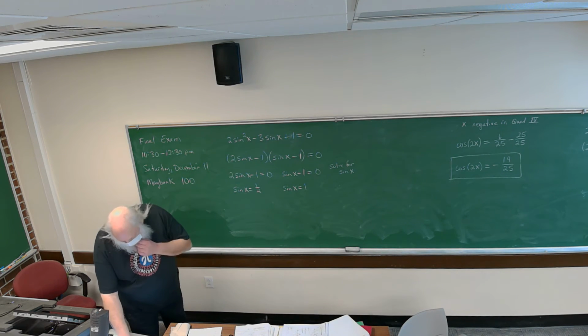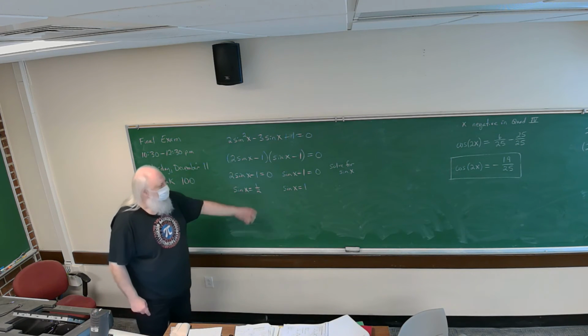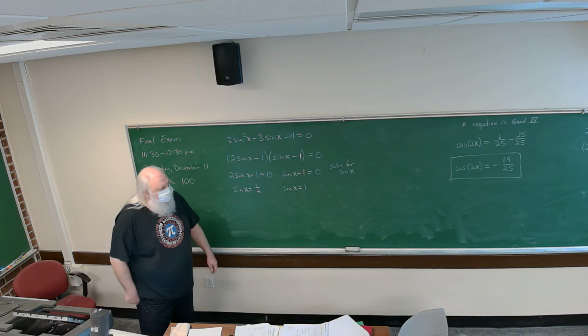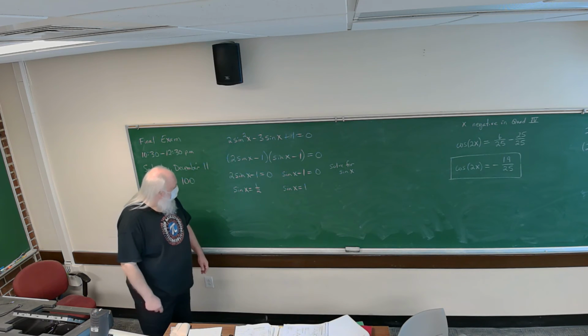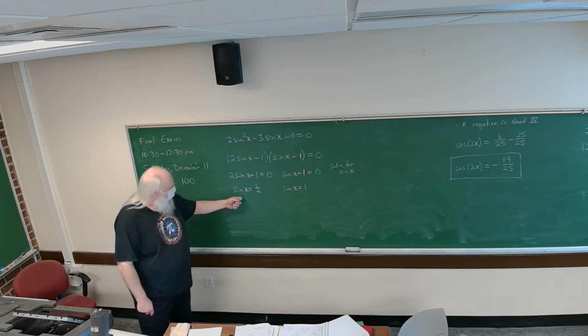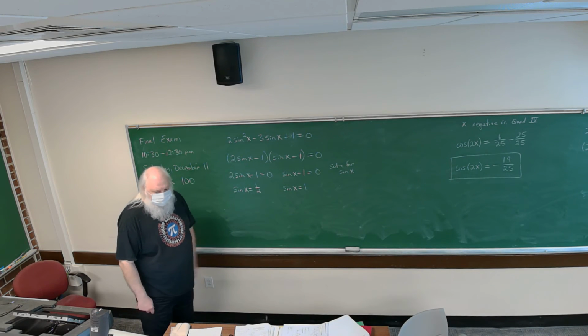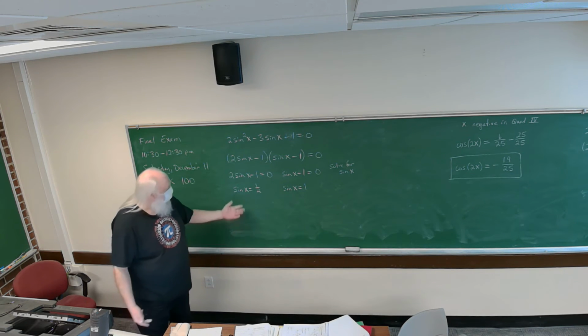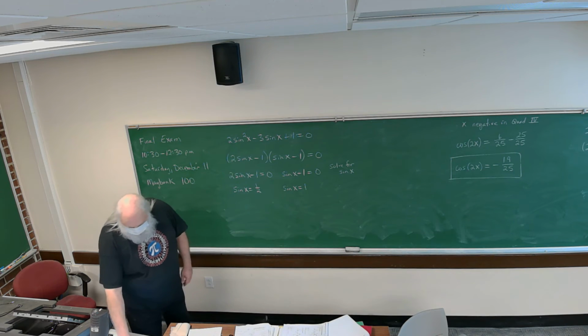Back in section 4.2, the number on the right-hand side was square root of 2 over 2 instead of 1/2 or 1, but we found the two angles where the sine of those angles is equal to square root of 2 over 2. Now we're going to find the angles whose sine is equal to 1/2, and any angles whose sine is equal to 1. So we're at the stage where we do what we did on the last page of section 4.2.